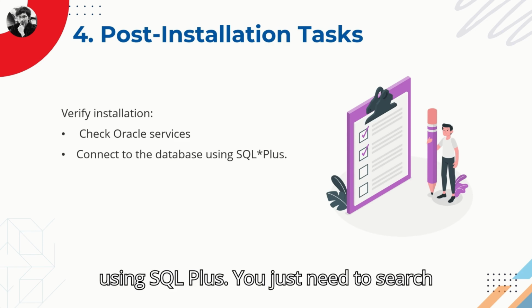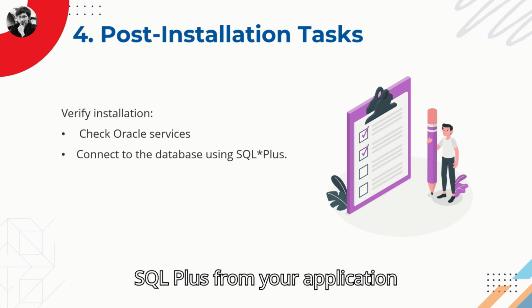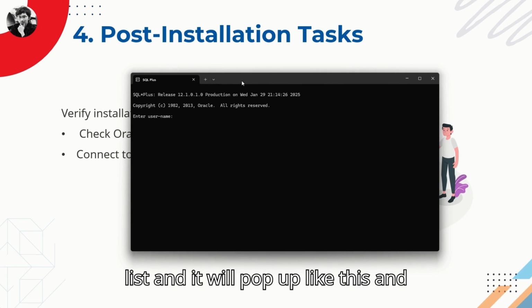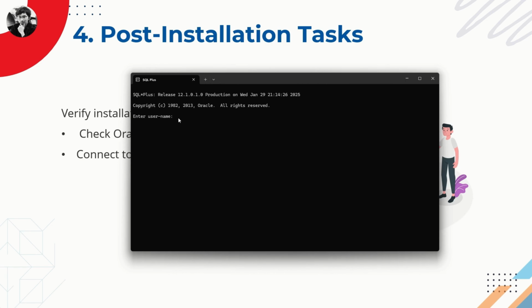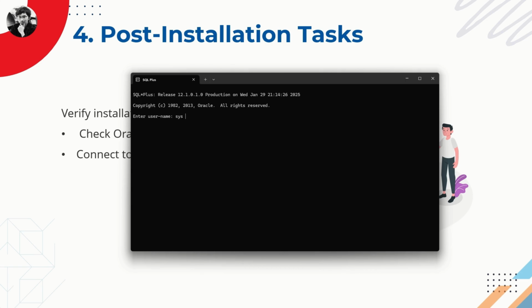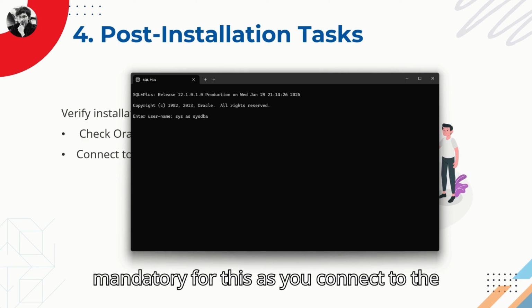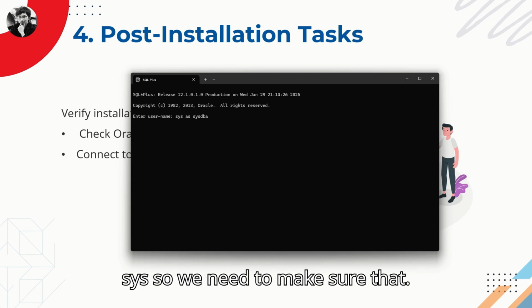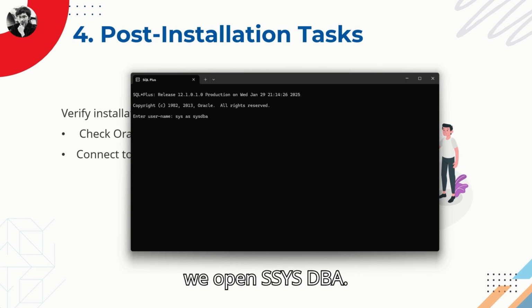You just need to search SQL Plus from your application list, and it will pop up like this, and you just input the username of SYS. As SYSDBA is mandatory for this as you connect to the SYS, we need to make sure that we open as SYSDBA.